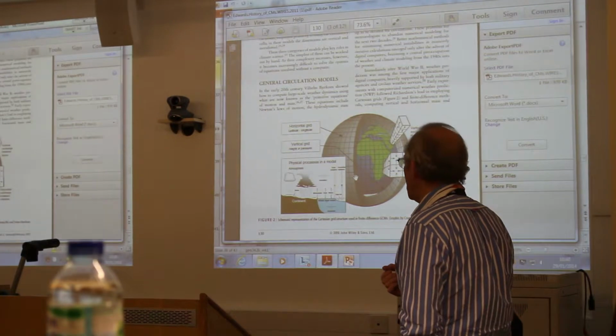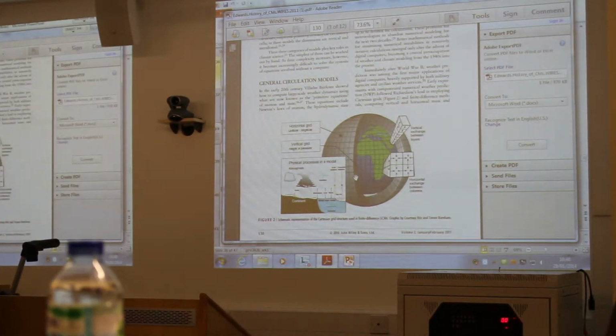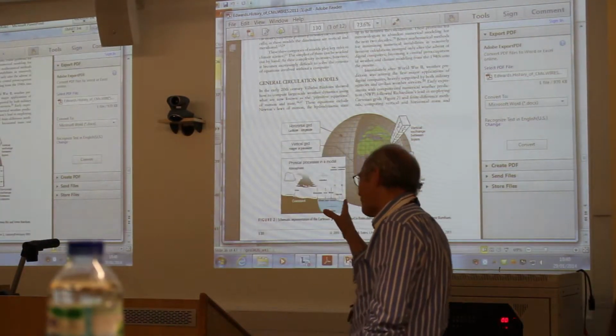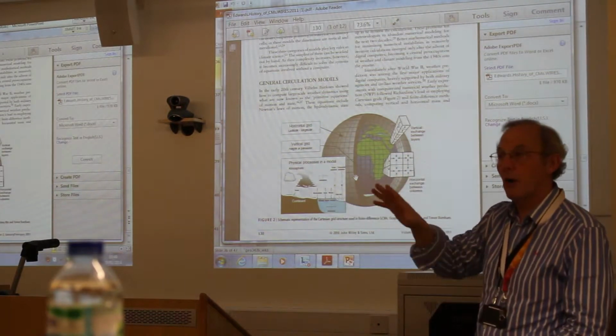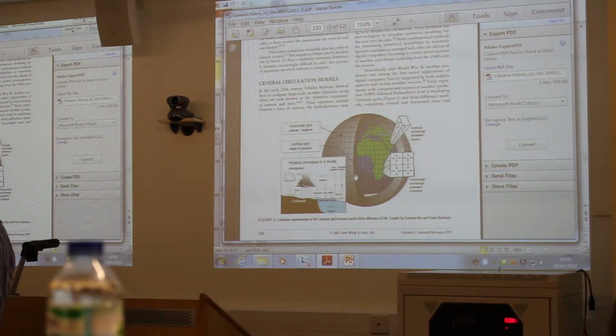You can imagine that every time you add a box, add a layer in the atmosphere or in the ocean, or decide to go from 200 kilometre squares to 100 kilometre squares, you are multiplying up the number of calculations the model has to run.